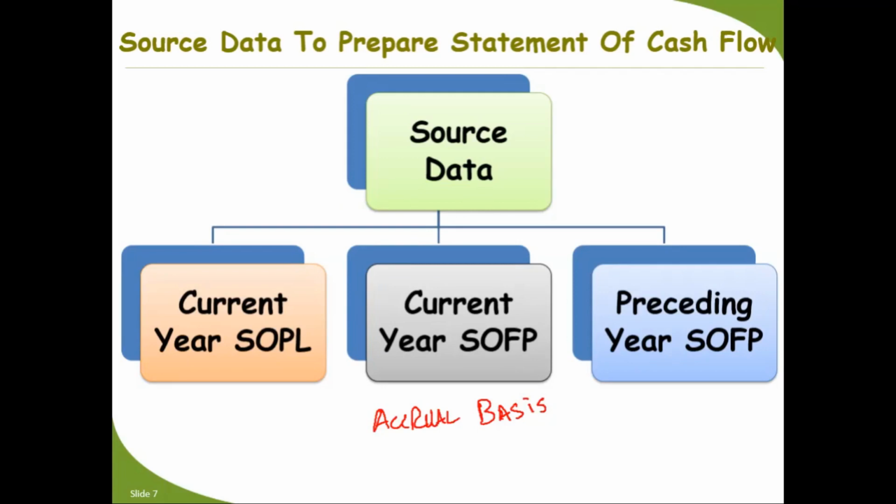Okay. But here we are supposed to prepare statement of cash flow, which is based on cash basis. So it means it is our attempt to convert the data which we have on accrual basis into the data which will be on cash basis.